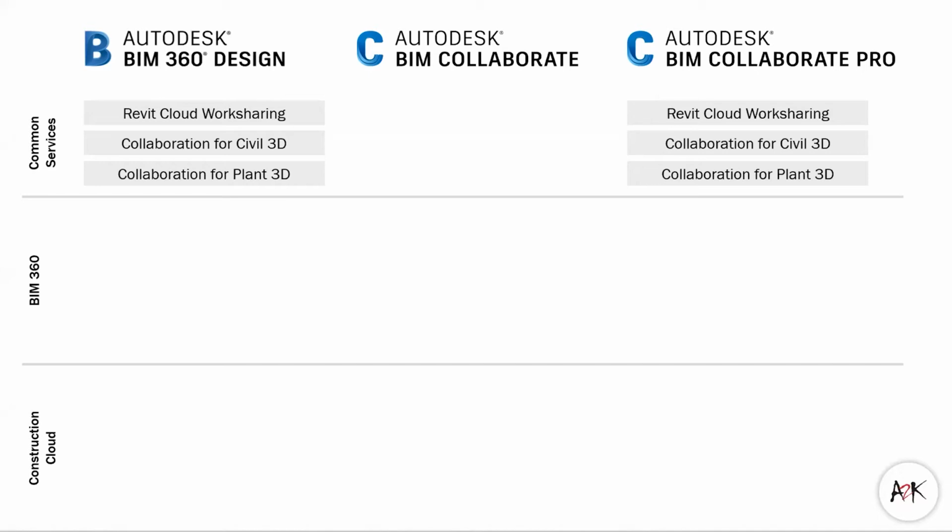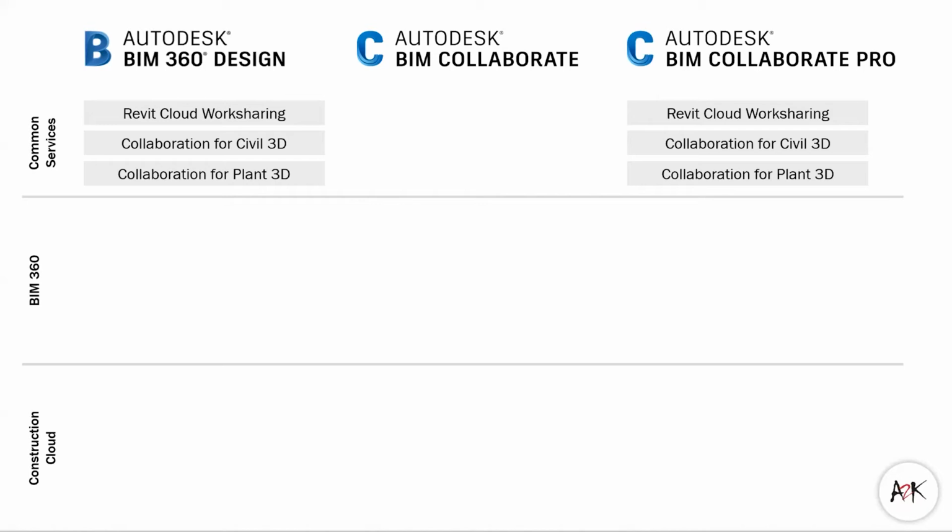For those that are on BIM 360 design, you're probably all too aware of the fact that you have various services that run in the background, depending on whether you are a Revit user, a Civil 3D user, or a Plant 3D user.